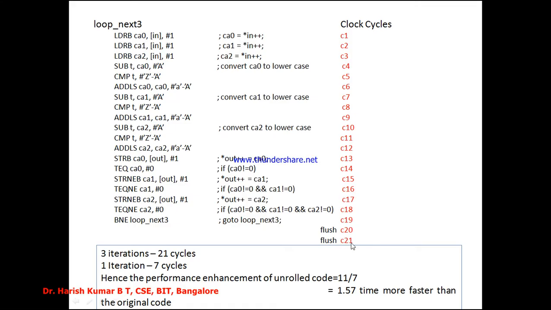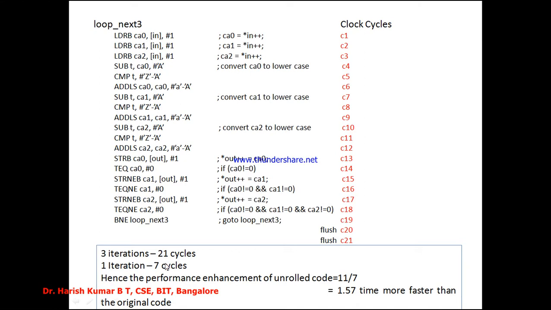That means you're able to convert 3 characters from uppercase to lowercase, performing 3 iterations in 21 clock cycles. To perform one single iteration, or to convert one single character from uppercase to lowercase, 7 clock cycles are required.